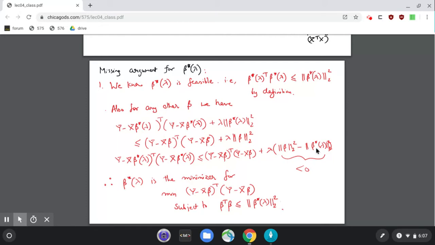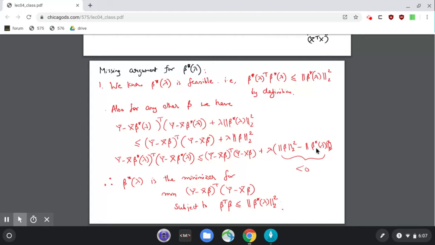It was just minimizing least squares loss subject to some constraint. We saw last time that the constraint is feasible, and we also did some geometric stuff. What we need to now show is that beta star lambda is also the minimizer of the objective of the second version of the problem, which is only the least squares loss.